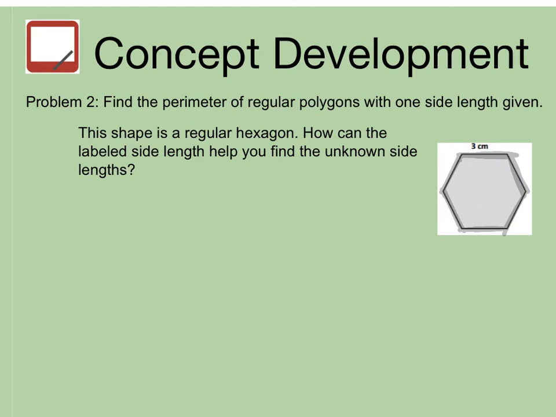So if all my sides are the same length, that means if this side is 3 centimeters, then this side would also have to be 3 centimeters. And this side is 3 centimeters, this side is 3 centimeters, this side is 3 centimeters, and this side is 3 centimeters.